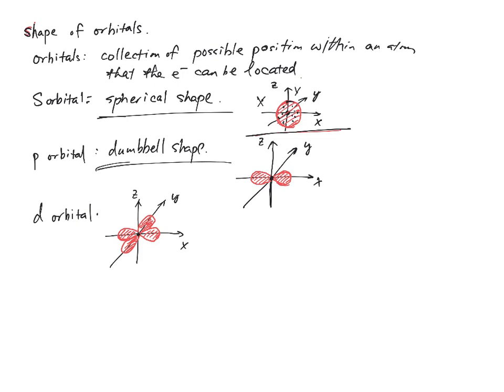Now, once we've discussed the shape of orbitals, the next thing we're going to discuss is the electron configuration of a given element, and that is the process of distributing electrons into orbitals.